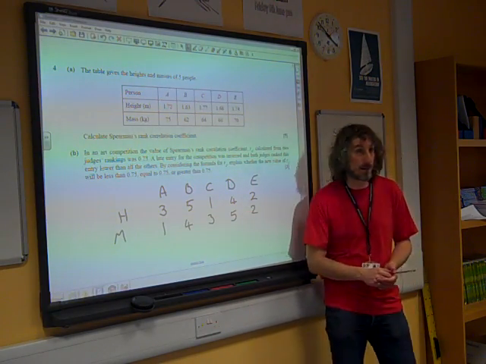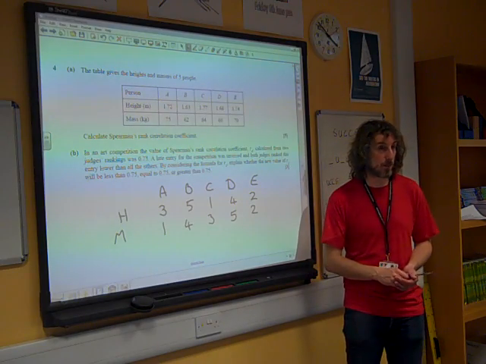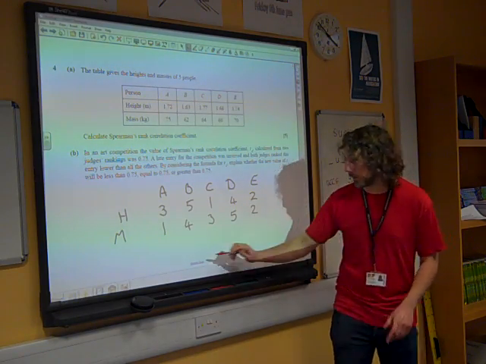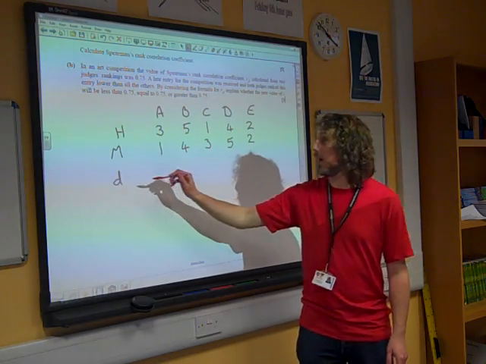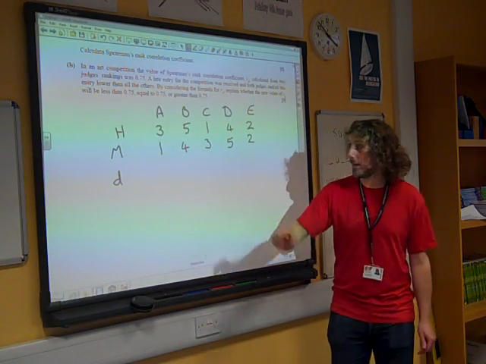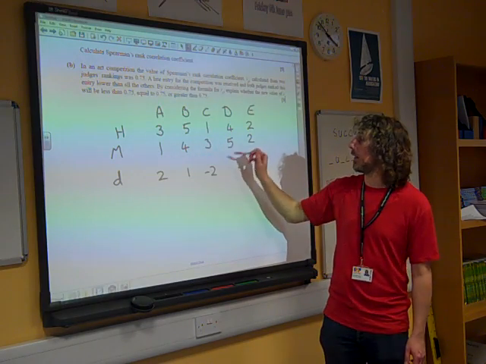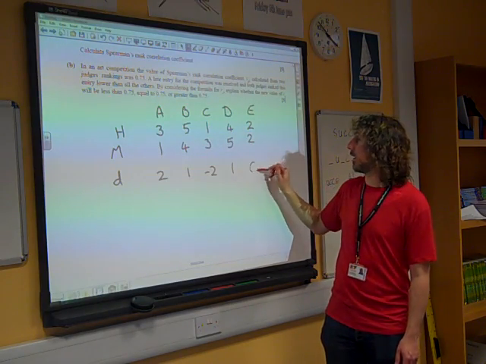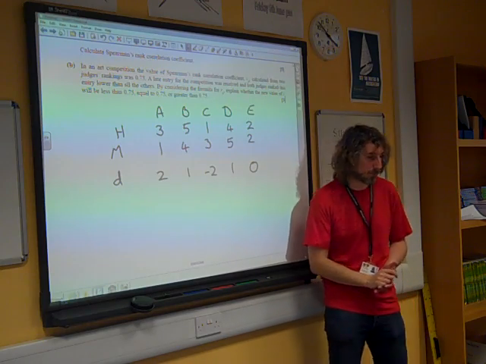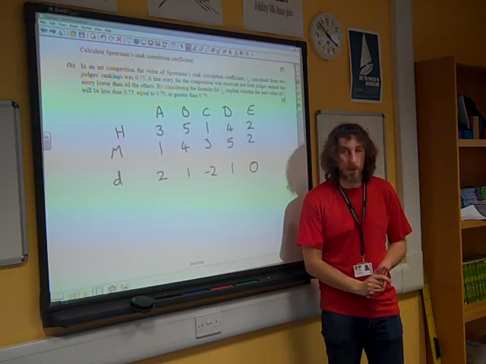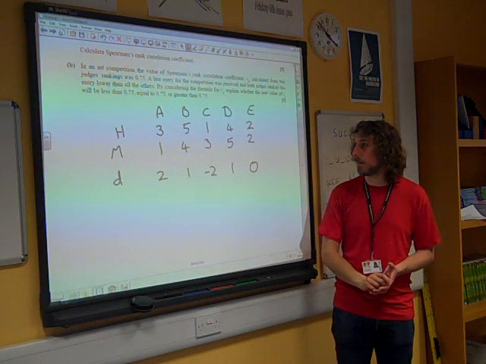Now in the formula, all we need to know is the value of sigma d squared. That's what we're after. So we want to work out our differences. It doesn't matter which order we subtract these. So let's do 3 take 1, 5 take 4, 1 take 3, 4 take 5, and 2 take 2 would be 0. We need to know about these values squared.